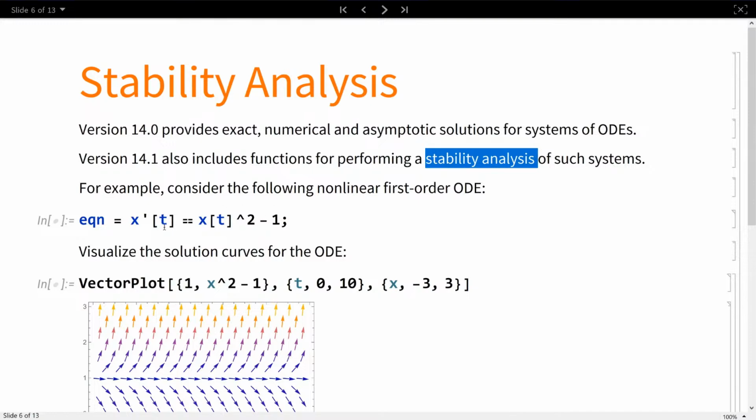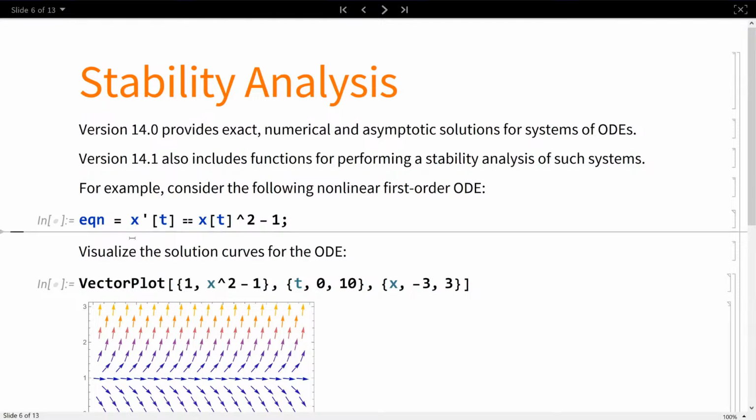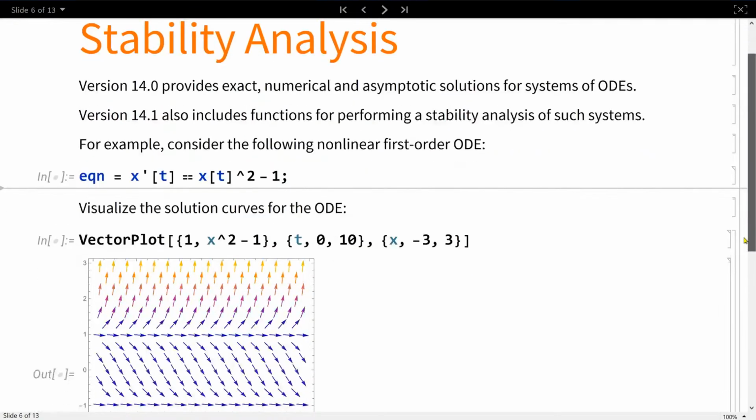So for example, here you have a nonlinear first order ODE, and to get some simple solutions, just set this derivative equal to 0, and you see x equal to 1 or x equal to -1 are simple so-called stationary or fixed point solutions.